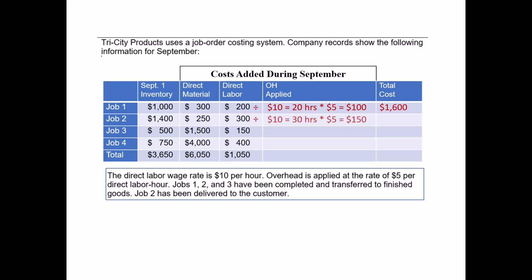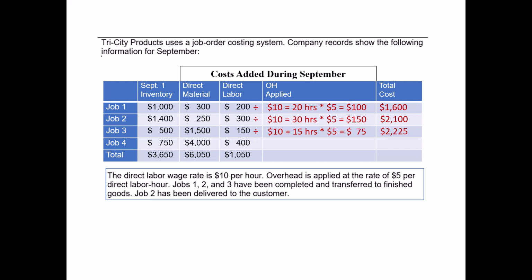300 divided by $10 per hour is 30 hours, times the overhead rate of $5 gives us overhead applied of $150. The total cost of job 2 is $2,100. For job 3, $150 divided by 10 is 15 hours times 5 per hour, or $75 of overhead applied.